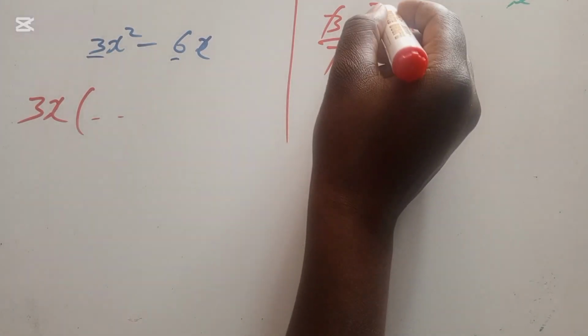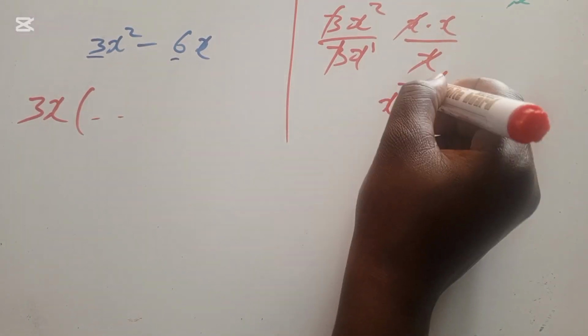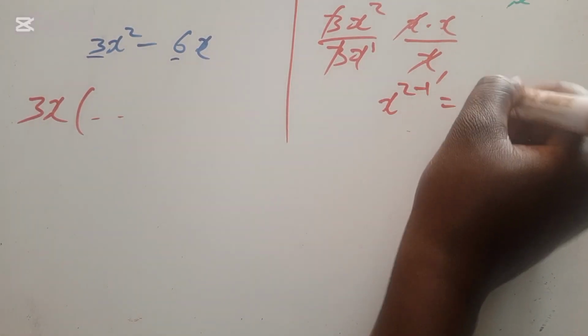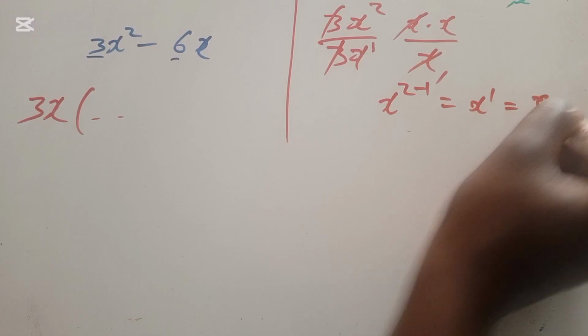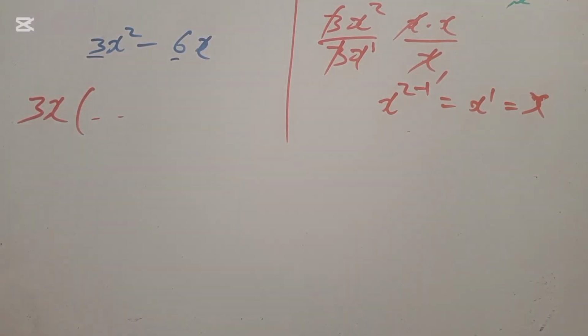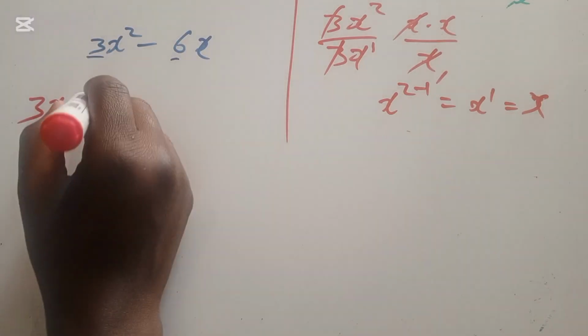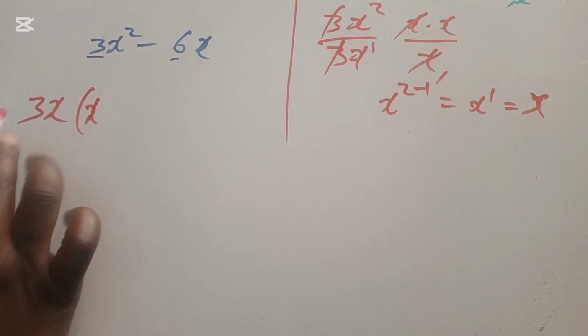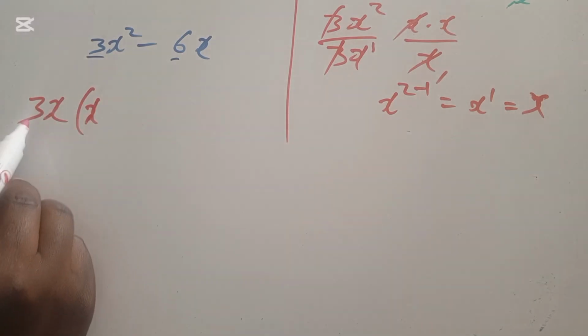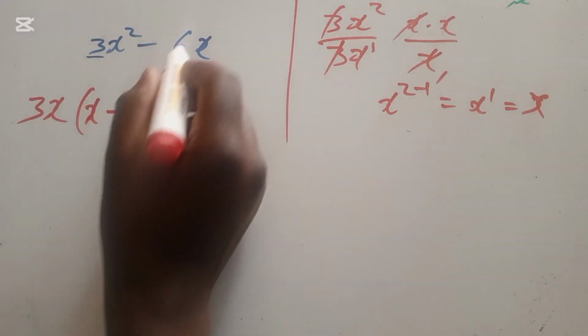When you are dividing, you subtract the powers, so it is x to the 2 minus 1, which is x raised to 1, which can also be written as just x without indicating the power 1. So 3x squared divided by 3x is x. So if you open this bracket and multiply 3x times x, the answer is 3x squared. That one is easier. Minus 6x.